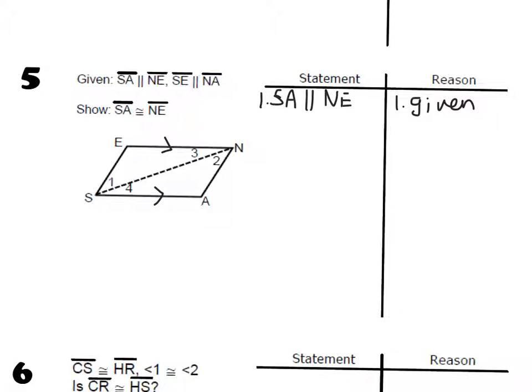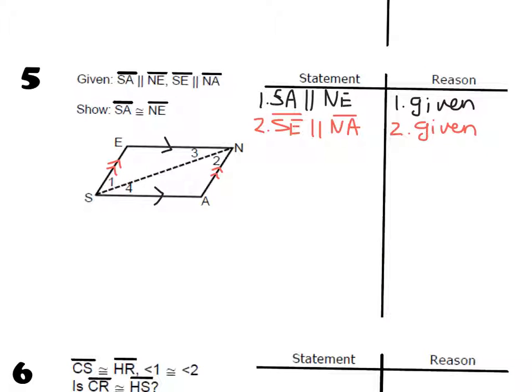We know that SE is parallel to NA. That's also given. And we're trying to figure out that SA and NE are the same length.